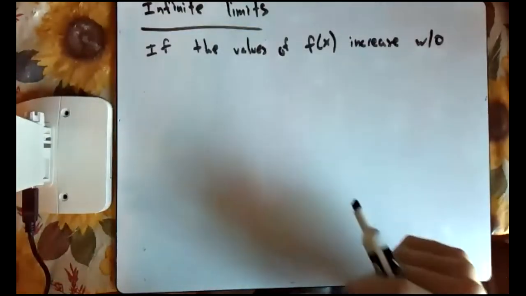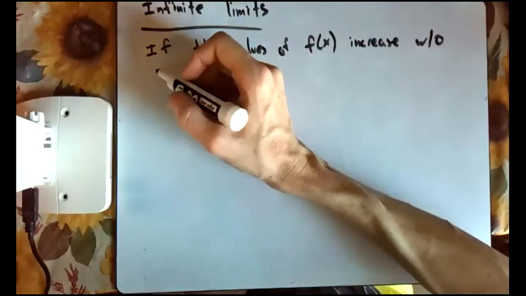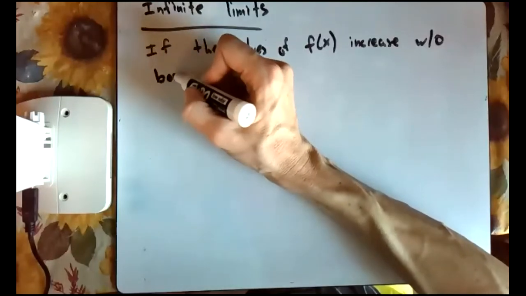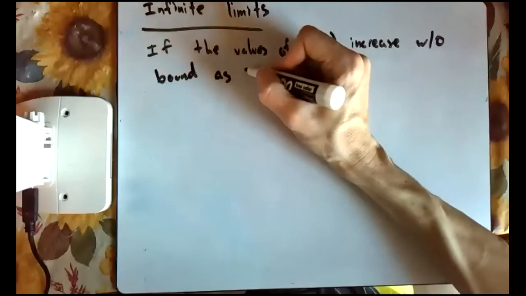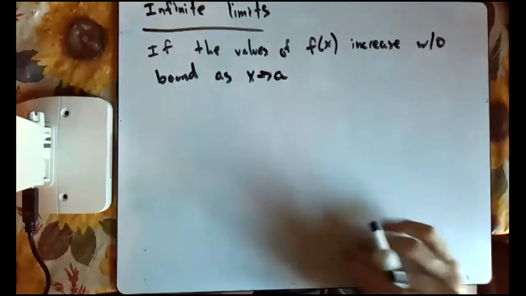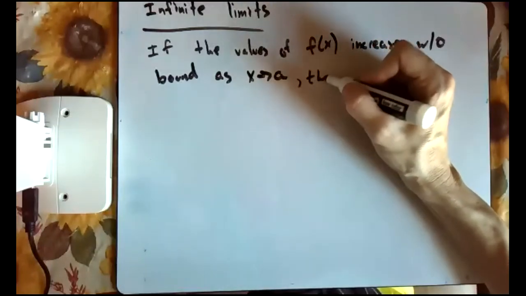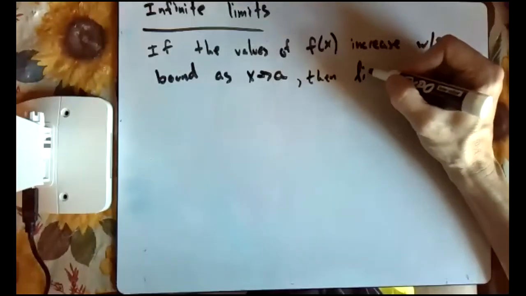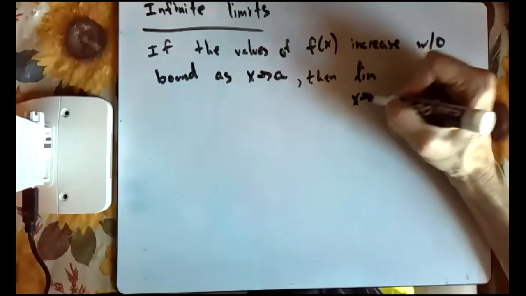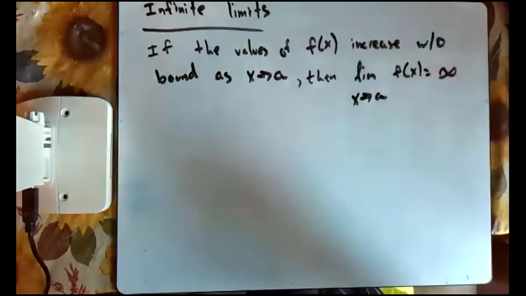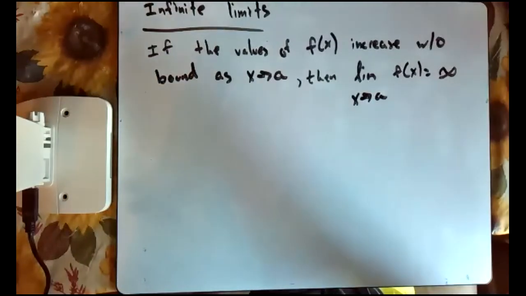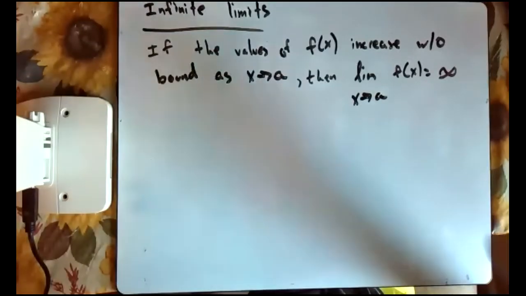If the values of f of x increase without bound, that means it just keeps going up forever as x approaches a. Then we can say the limit as x approaches a of f of x is equal to positive infinity. So basically, it's just like a line that goes up.